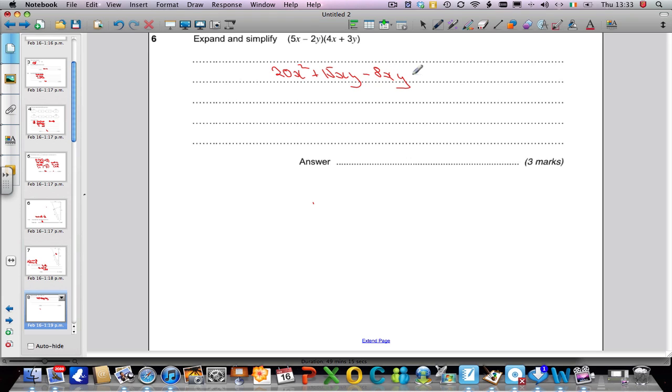And minus 2y times 3y gives me minus 6y squared. And tidying up, we get 20x squared plus 7xy minus 6y squared. And that is question 6 done.